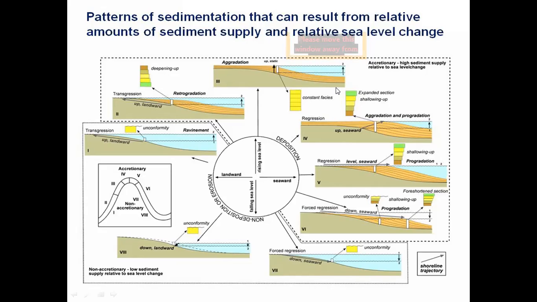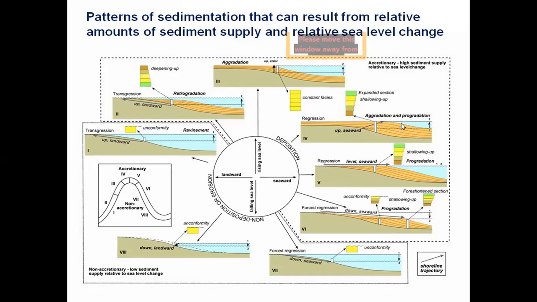And here, where there is a high sediment supply relative to sea level change, what happens, you see, is constant facies, or there is no change in the facies. So we call it aggradation, when there is a balance between the sediment supply and the rise of sea level.